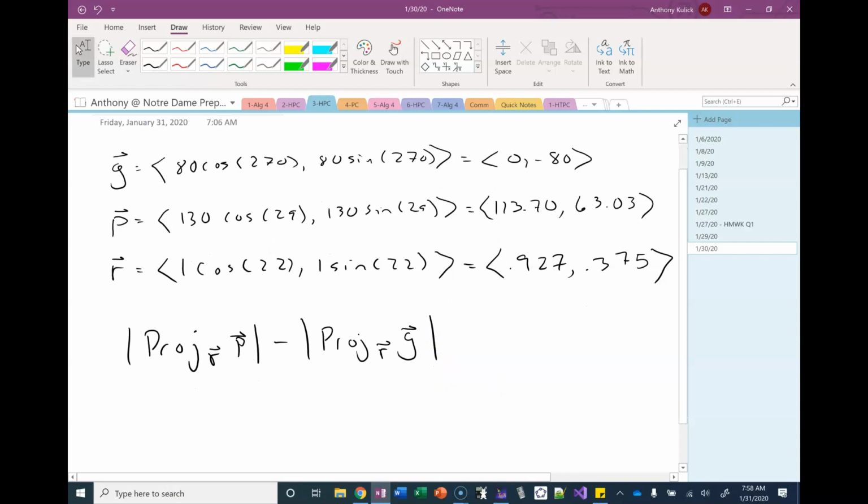Now in each of these cases, the magnitude of the ramp, the vector we're projecting onto, is 1. So in each case, we're projecting onto a unit vector. So we can actually do these using the shortcuts. We can just do P dot R and then G dot R.